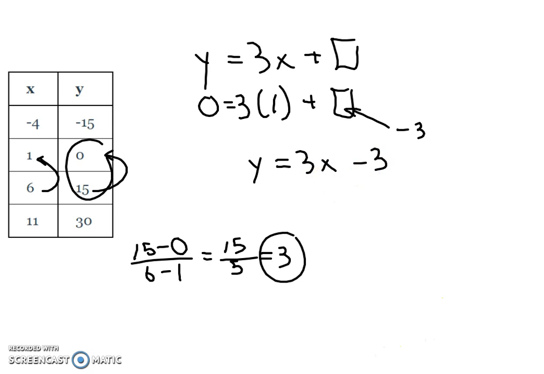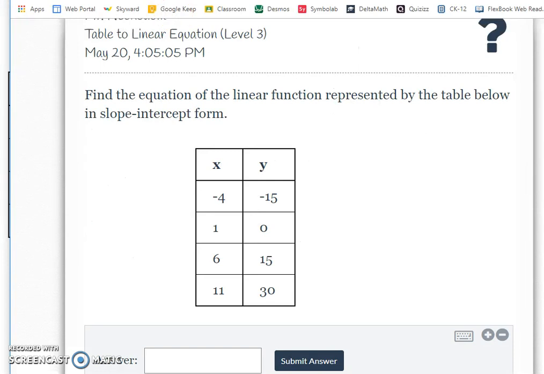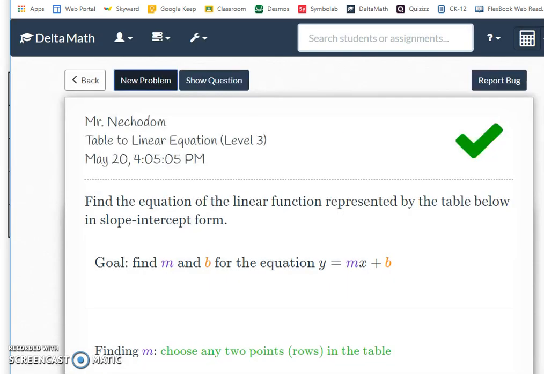So if I go back to Delta Math, y equals 3x minus 3. There's my answer. Okay, let's do one more.